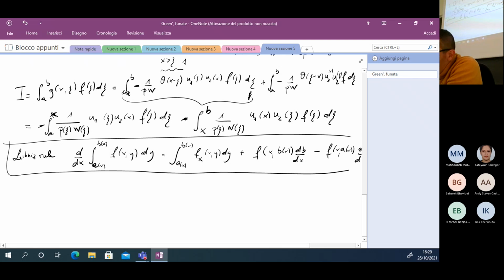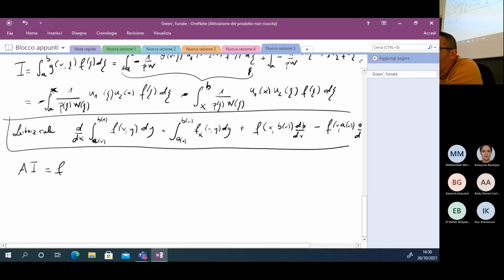Why? Because we have to calculate, and this is going to be a bit longer, we have to not calculate, but verify that A I is equal to F. What's A?